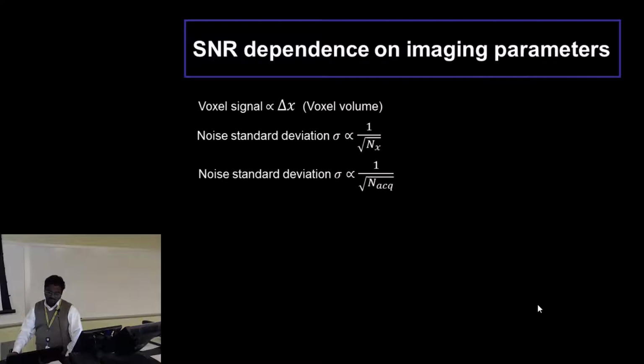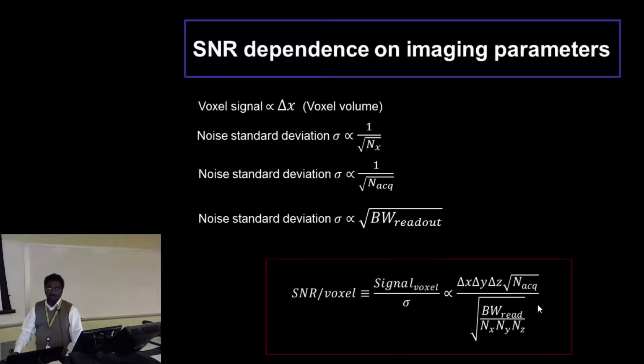And if you're averaging, the same kind of inverse square root effect reduces the noise. And of course we started with the relationship where noise was proportional to the square root of the readout bandwidth of your experiment, and we combined all those.